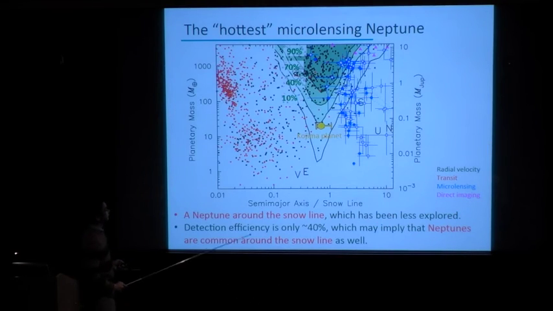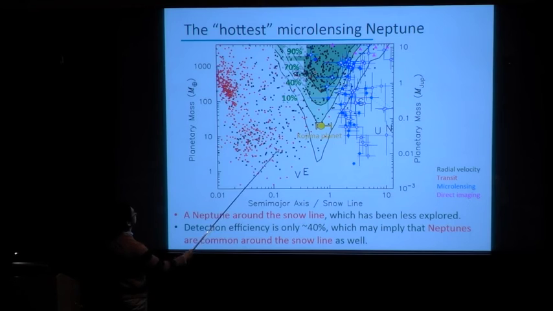So this is the location of this Kojima event in the semi-major axis normalized by snow line and planetary mass plane. So this planet is a Neptune, just around or even inside the snow line. And actually this is the innermost Neptune among all microlensing Neptunes.